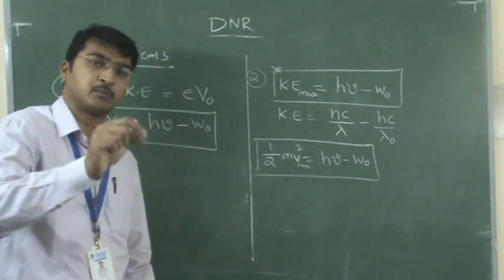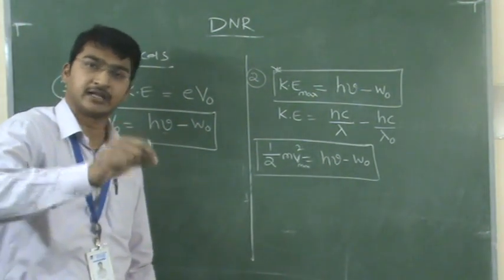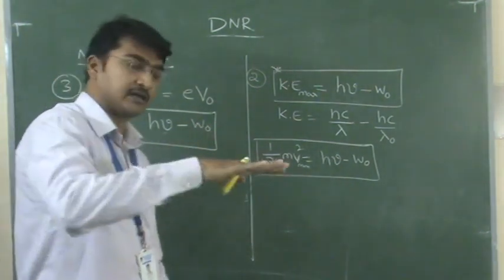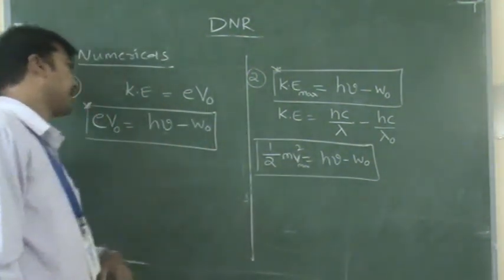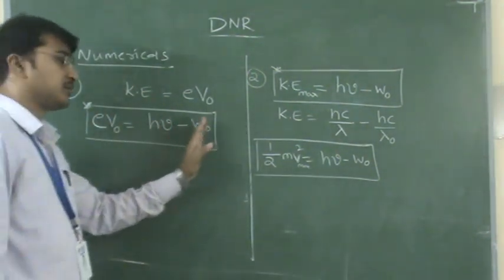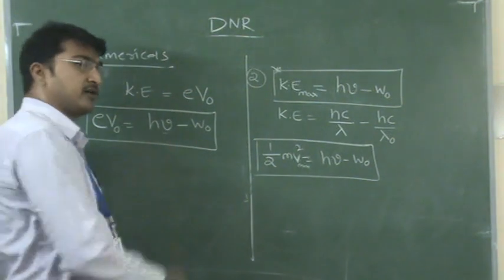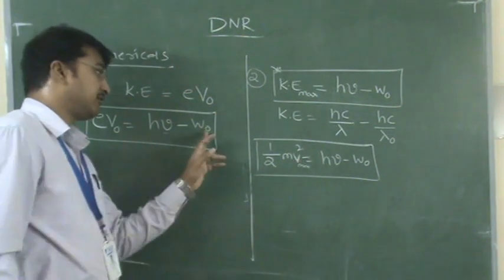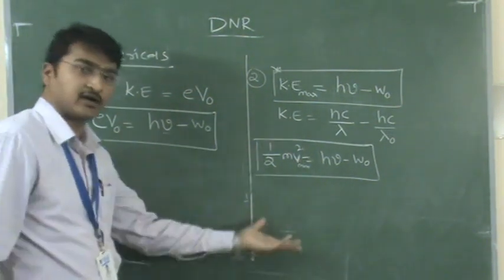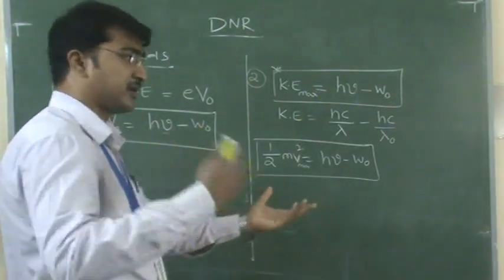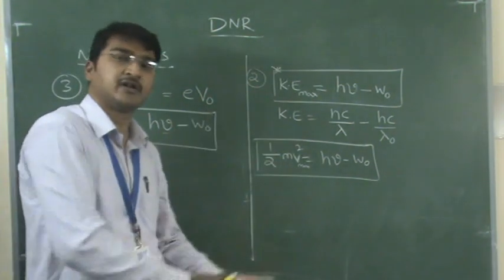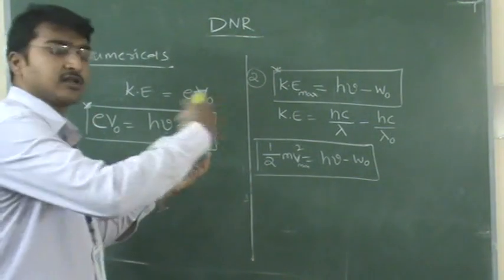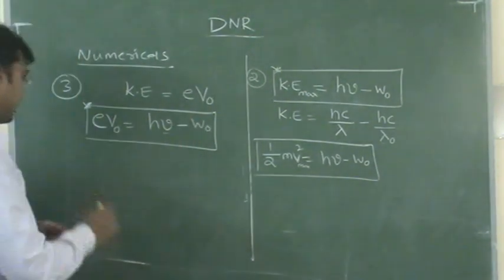The work function completely depends upon the metal we have taken, or the metal of the incident surface. So eV naught equals h nu minus W naught. Again, you can convert nu in terms of lambda, and W naught in terms of lambda, which you already know. Same topic repeated; by replacing different terms, the equation also changes. Okay, this is the third one.